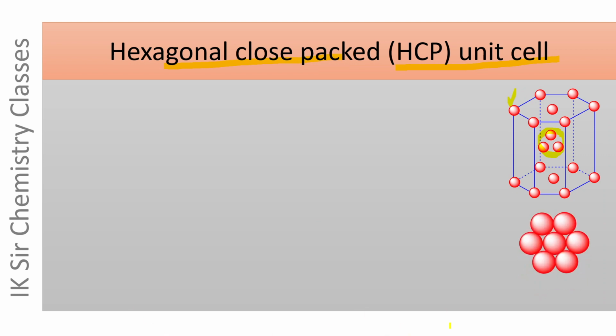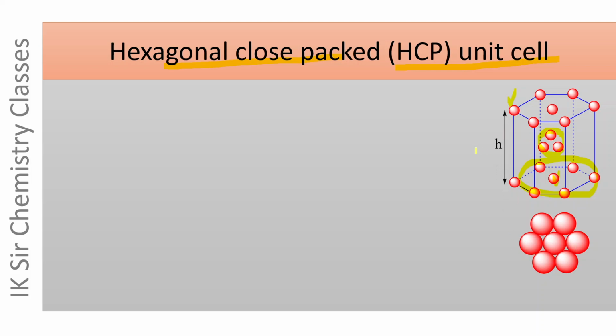This is the representation of the base of the HCP unit cell. In actual practice, the particle present at the face center touches all the 6 particles present at the vertices, and these particles also touch each other.